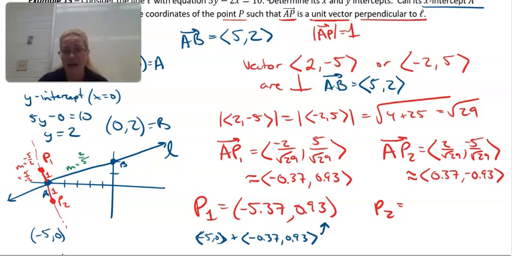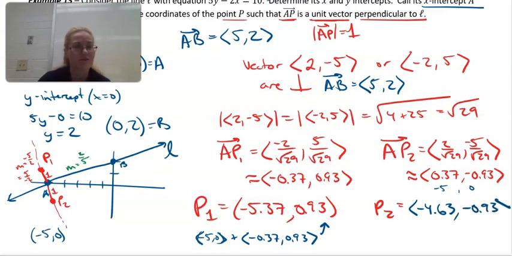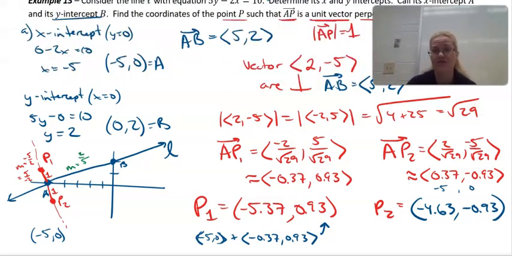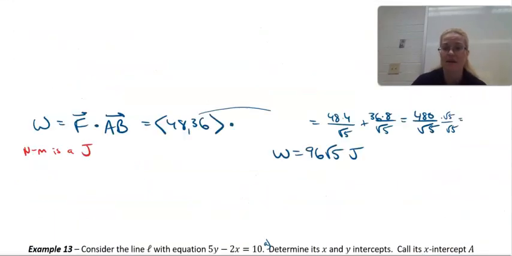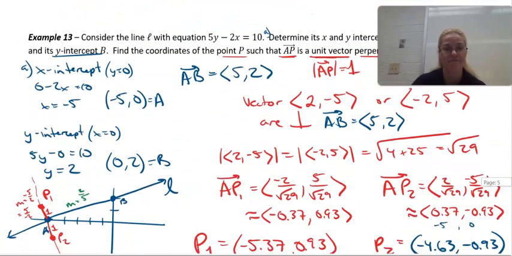And then for P2, again, negative 5, 0, if you add those there, negative 5 and 0.37 is going to give you negative 4.63-ish, and this will be negative 0.93. So actually those are ordered pairs, not vectors. So let's write them with parentheses, the ordered pair, P1 and P2 for our example 13. And again, this example is very similar to homework number 41 in our assignment. So that's where we will stop.